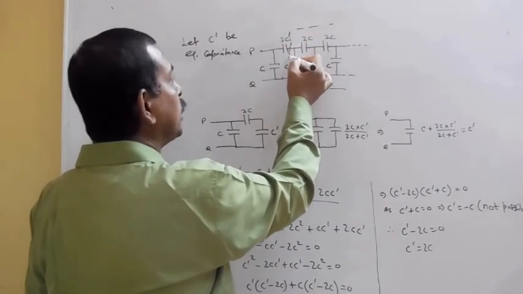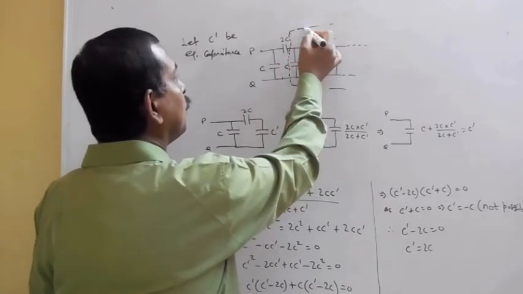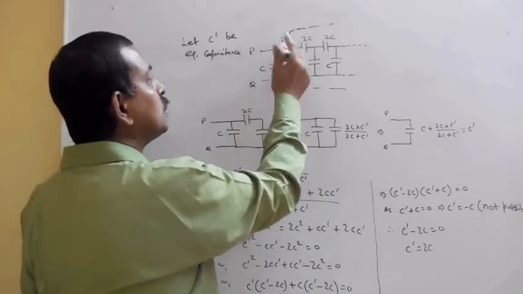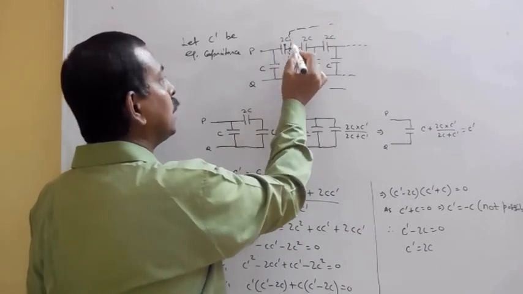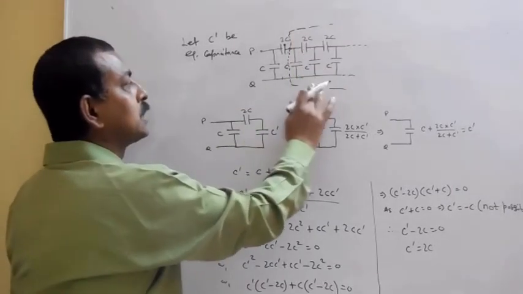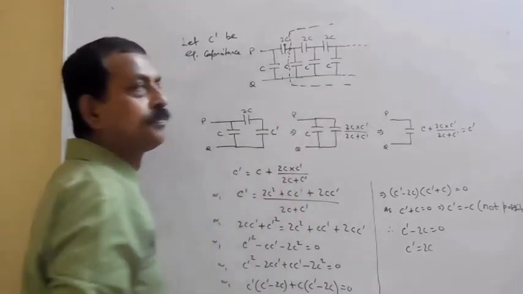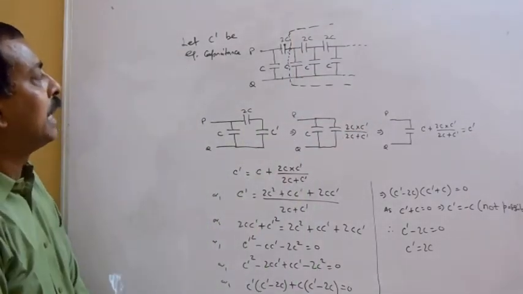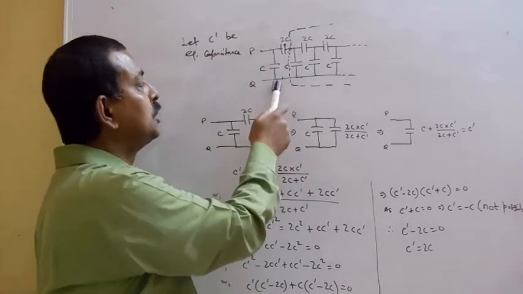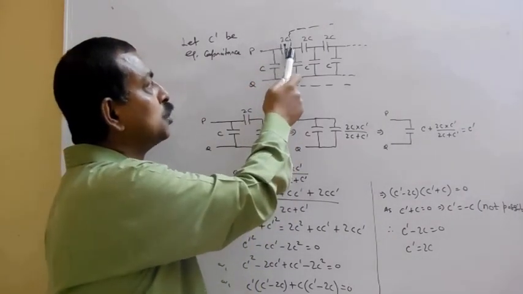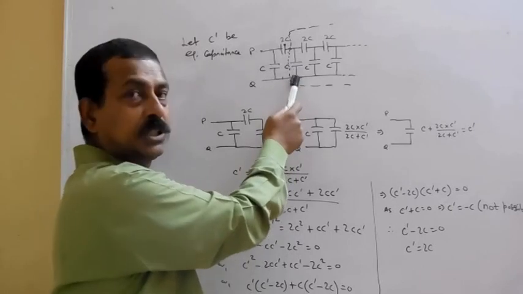Let the isolation be done from this point. That means this 2C is here, and after that we are taking this isolation. So now you see that here you have C across, then 2C series.